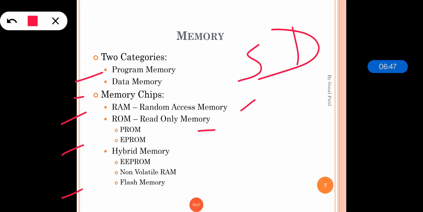Then talking about ROM, ROM is used to store the firmware in an embedded system because it retains its contents even if the power is switched off. There are various types like ROM, PROM, EPROM. PROM is programmable ROM. As its name implies, it can be programmed only once. When your firmware is ready, it is put on the PROM and then the device is mounted on your embedded system.